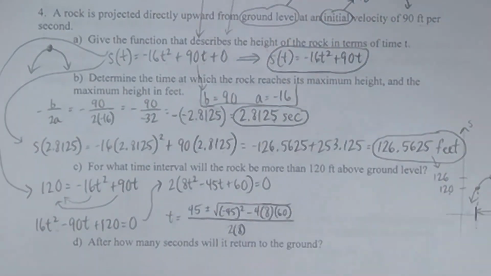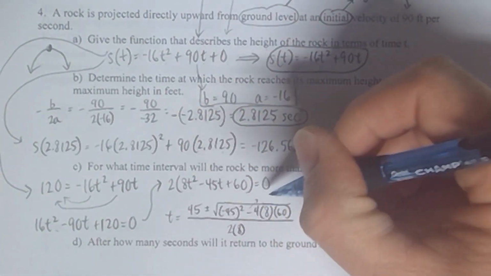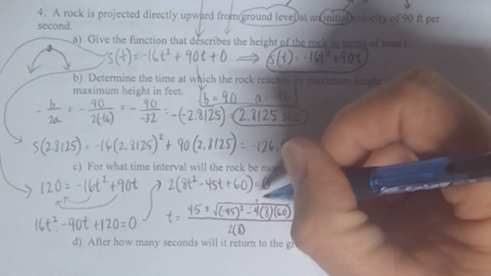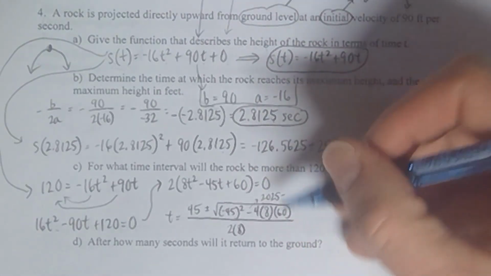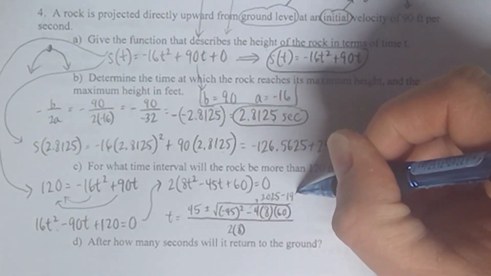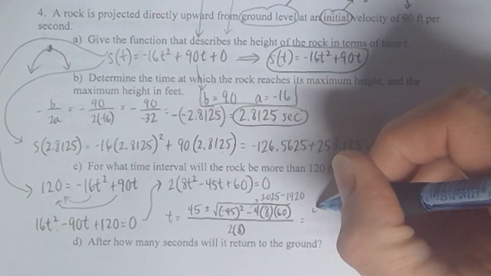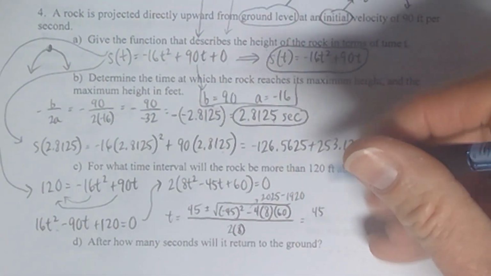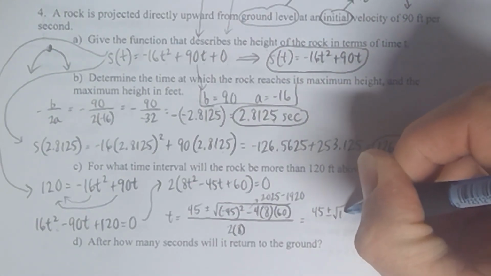As we always do with the quadratic formula, we calculate the inside of the radical first. We get 2025 for the exponent, and the multiplication part is going to be 1920. Putting all that together, we get 45 plus or minus the square root of 105, all divided by 16.